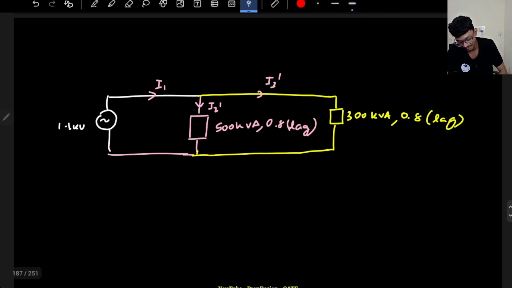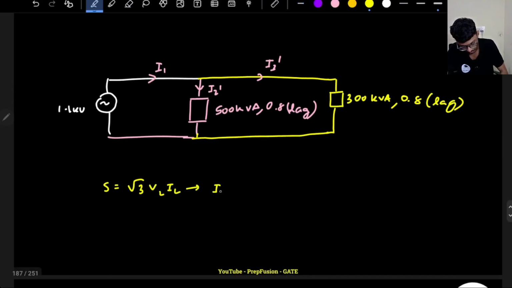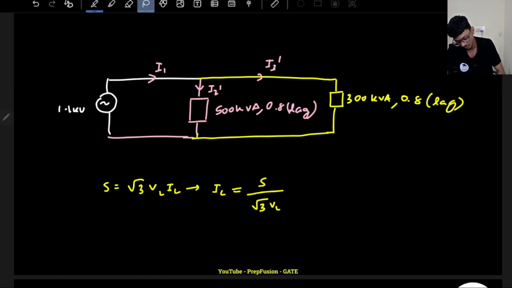So what will be the line current referred to primary? I know the formula: S equals root 3 VL IL. They have asked for the line current only, so IL will be S divided by root 3 VL.